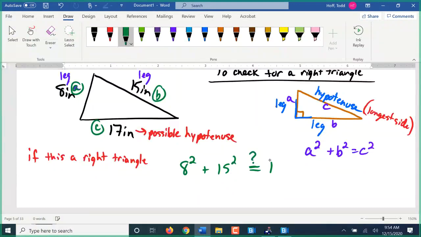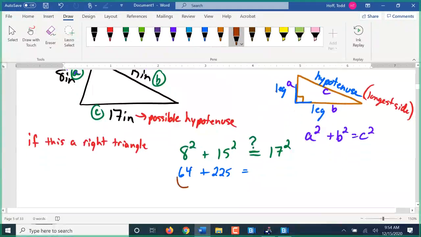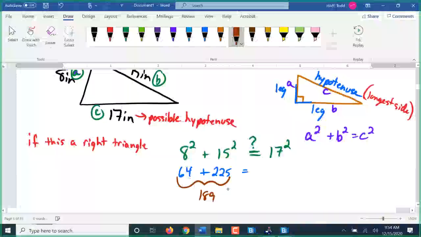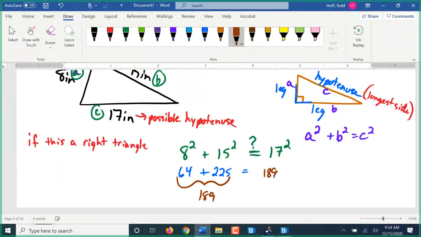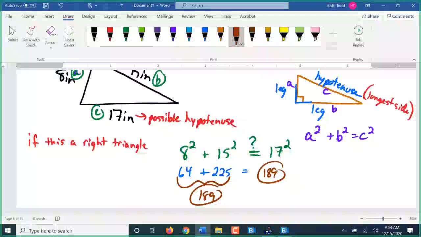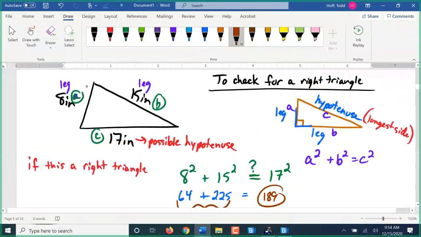I don't know that they're equal. 17 squared is my possible hypotenuse. 8 squared is 64. 15 squared is 225. That adds up to 289. 17 squared is 289. So it does add up, which means this is a right triangle. And of course, the right angle has to be between the two shorter sides.